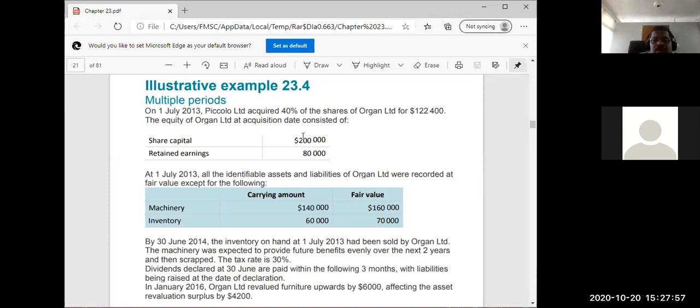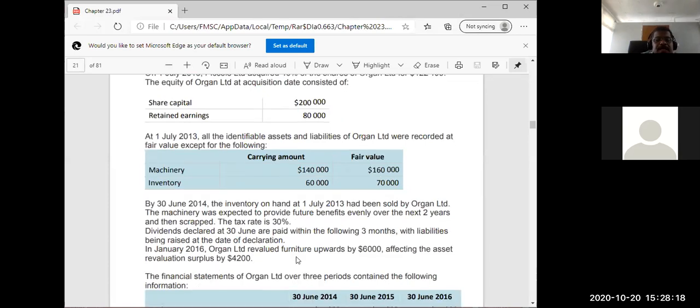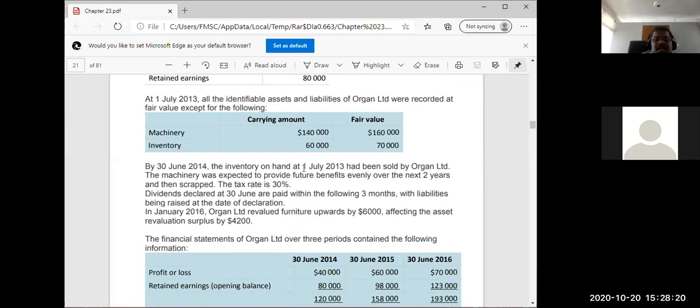So we need to increase the net assets by the difference, that is 20,000 and 10,000, 30,000. But if there is any tax, we take 1 minus 30%, that is net of tax. The tax rate is 30%. I'm just explaining the scenario.